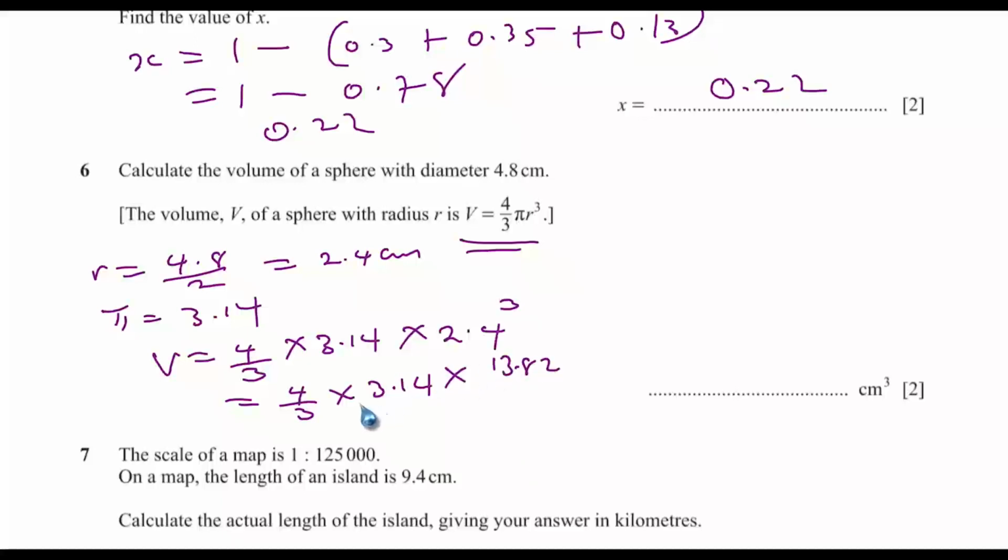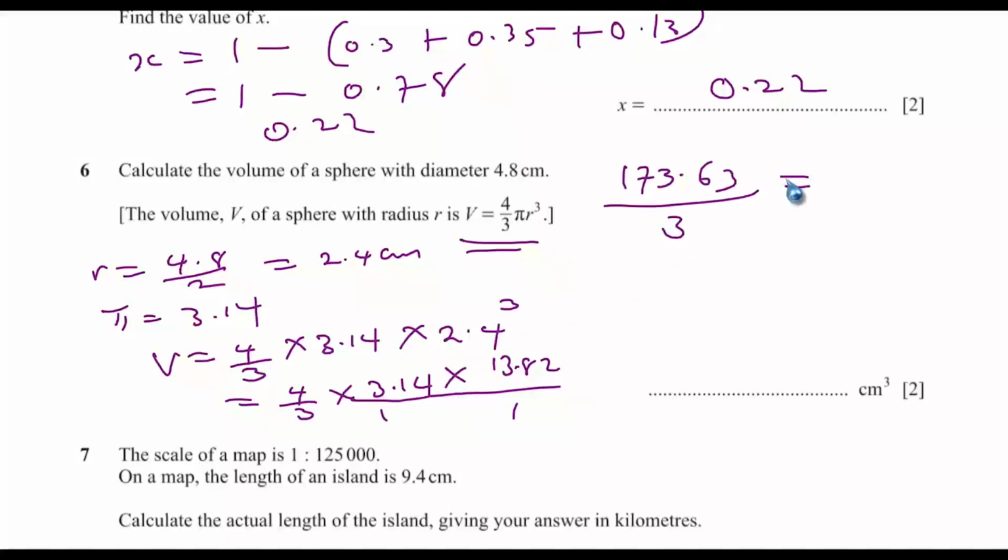If you multiply all of these, that will give you 173.63. That's the numerator. This one is over 1. Then everything over 3 times 1, which is 3.